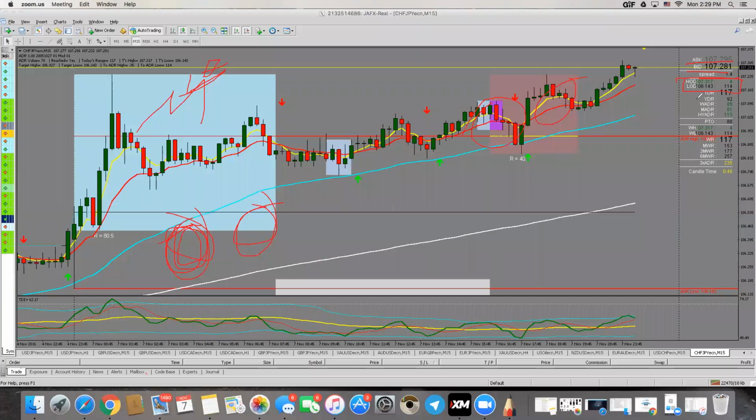Where it says TDR, this just stands for today's daily range, which is right here, we can look to the left, is 117. And also over here where it says YDR, yesterday's daily range, was 92.